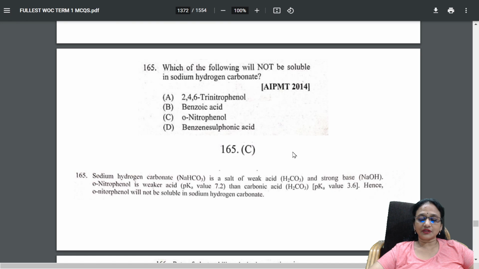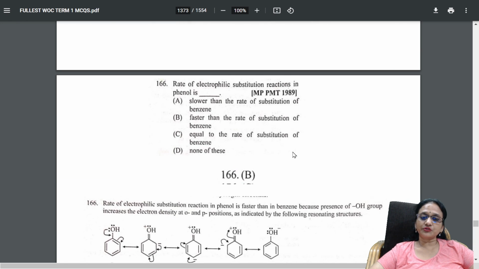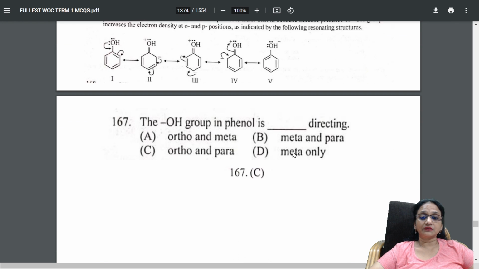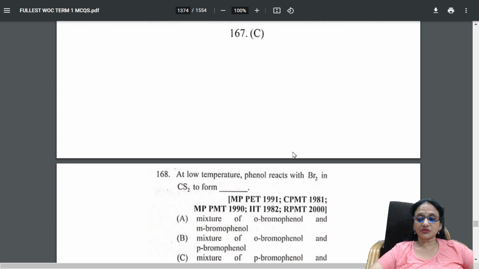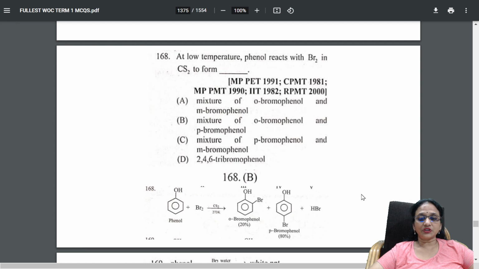One request: hard work counts. Hard work pays. You have to do your hard work, and then only your result will be good. If you're not doing hard work, don't wait for some miracle to happen. No miracle will happen, students. You have to do your hard work.